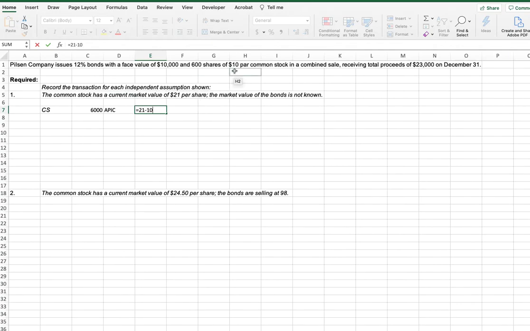So we're going to say 21 minus 10, which we know is 11, but we're going to have Excel do it for us anyways, times the 600. So we're going to have additional paid in capital of 6,600. And so that allows us to then determine that the total stock portion of this transaction is $12,600.